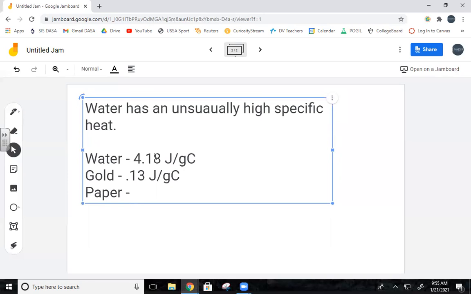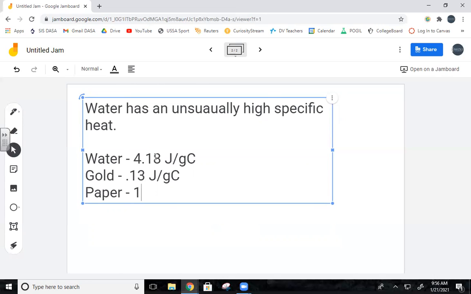Emma, yeah? At a certain point, it just gets too hot and lights on fire. Yeah, that is true, it does light on fire. But the truth of the matter is that it's actually much easier to heat paper than it is to heat water.